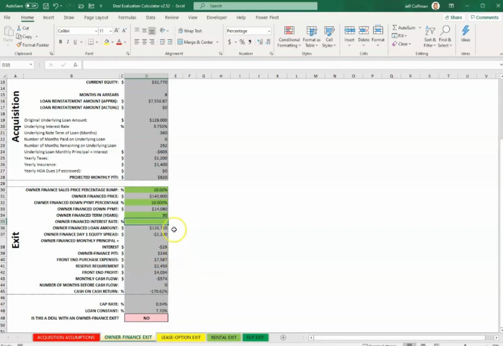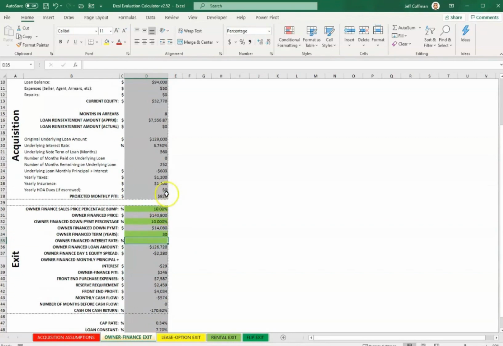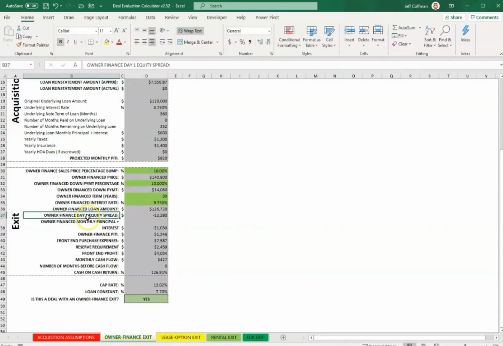So if I know that my interest rate on the underlying note is 3.75, let's say I make this, I don't know, 9.75. Let's do a 6% bump in interest rate. And let's see what that gives us. So my day one equity spread, if I'm going to owner finance this to an owner occupant, is negative $2,280.